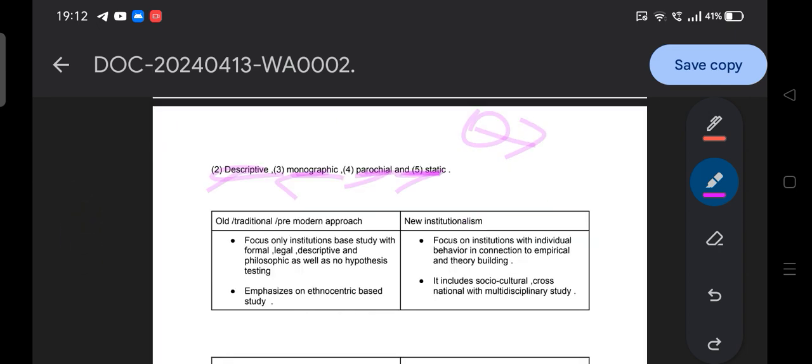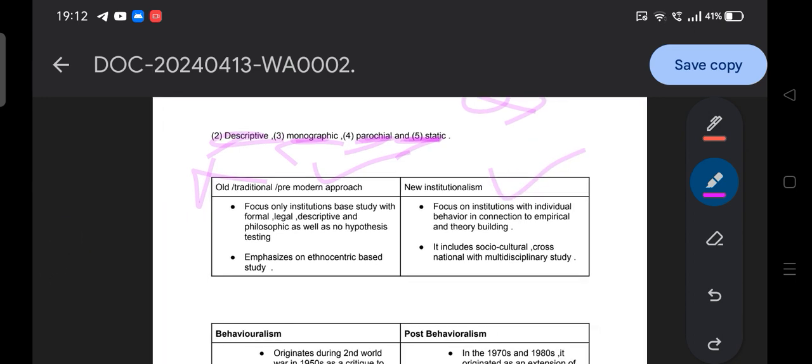Then you will see the difference between the old or traditional or pre-modern approach versus the new institutionalism approach. The old approach focuses on institution-based study with formal, legal and descriptive methods, with no hypothesis testing. So it is not building any theory.